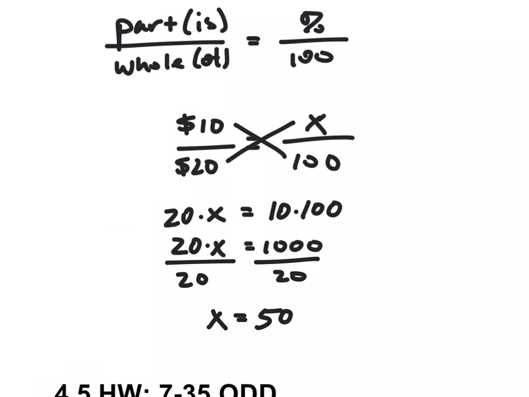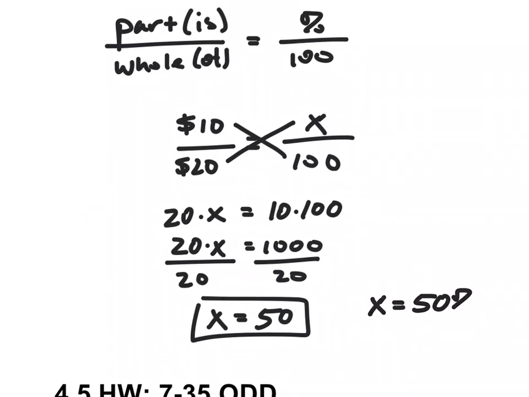You may be really confident in your answer, but unless I do these problems in my head, I check them with my calculator, so make sure you are doing that. And so x is 50, but this is a percent, so x is equal to 50%.